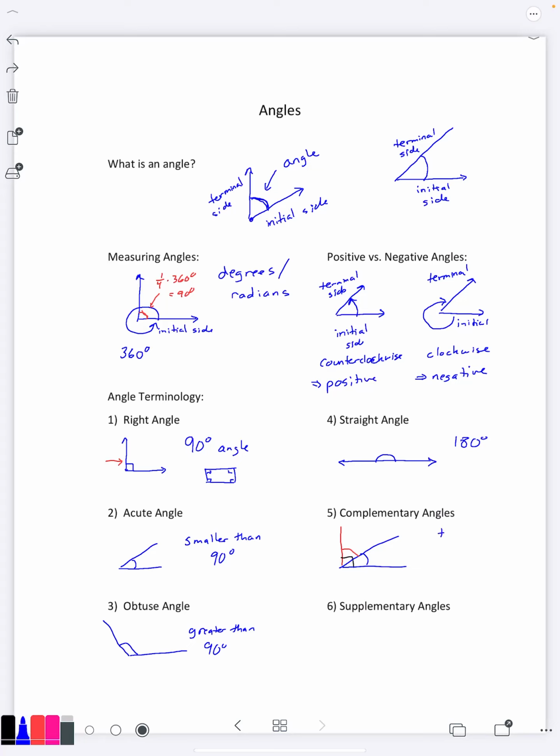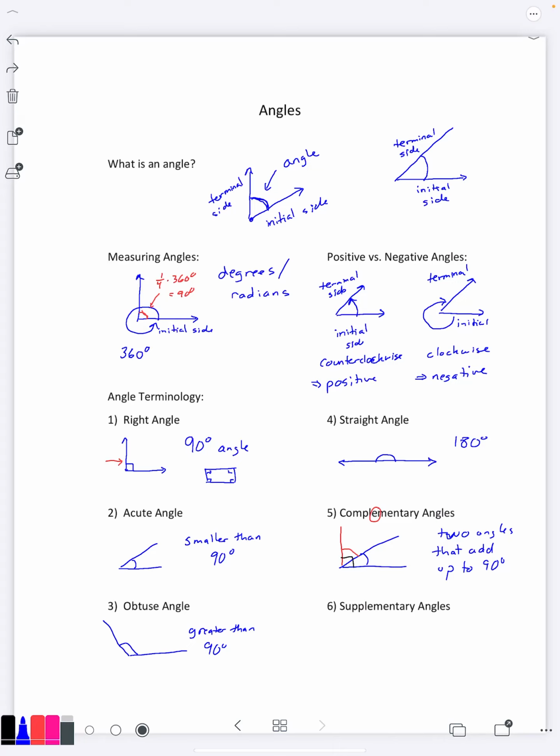So two angles that add up to 90 degrees. Those are called complementary, and I will just point out this is spelled different than giving someone a compliment. It's an E in the middle instead of an I. So again, complementary with an E is two angles adding up to 90 degrees. Complementary with an I is a completely different word.